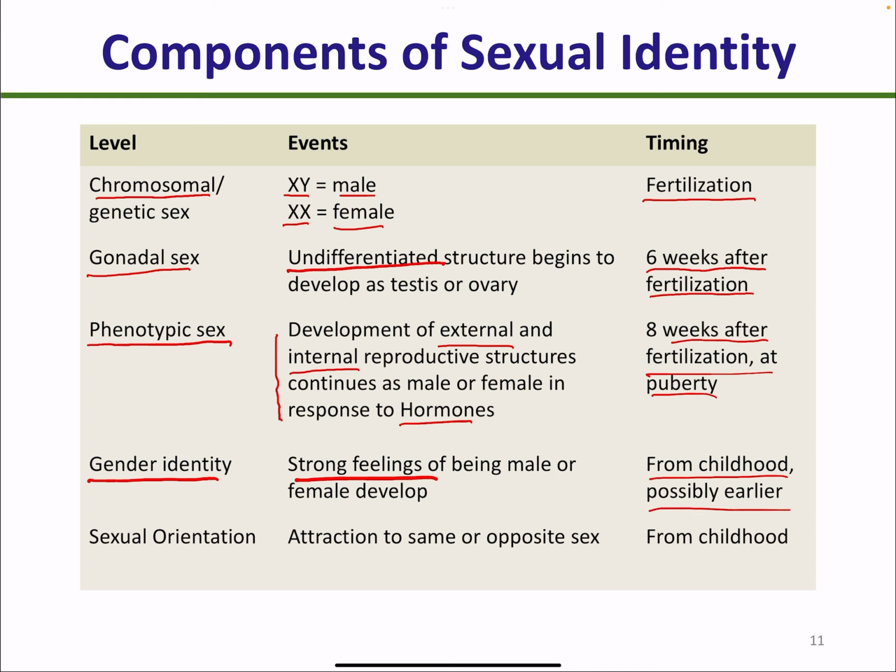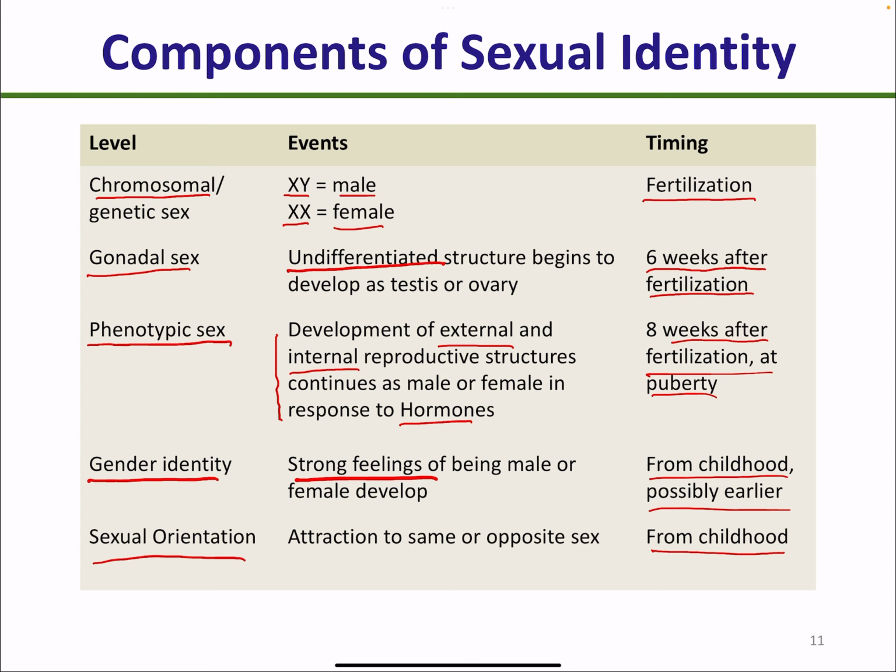And then we have the sexual orientation, which is the attraction to same sex or opposite sex that actually is going to start as early as from childhood. But really, this is not written in stone, right? This is not written in stone.